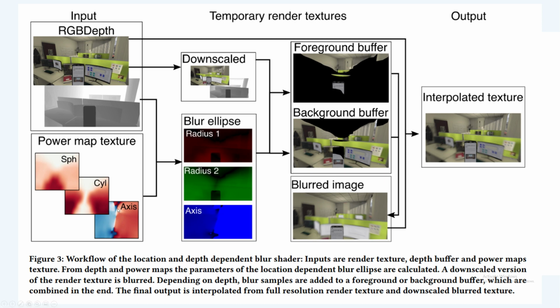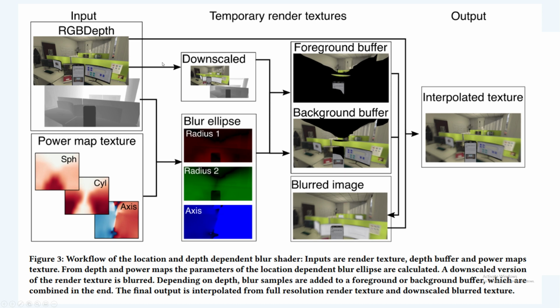These power map textures are multiplied together with the depth buffer to give us this blurry ellipse. There's also a downsampling step to help improve performance, because sometimes these could be really large textures, and especially with VR headsets having high resolution and requiring high performance, downsampling makes quite a lot of sense in this case.